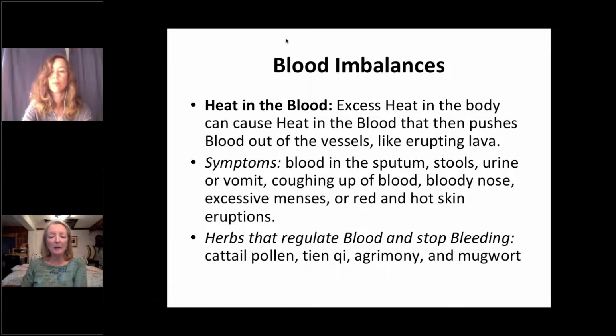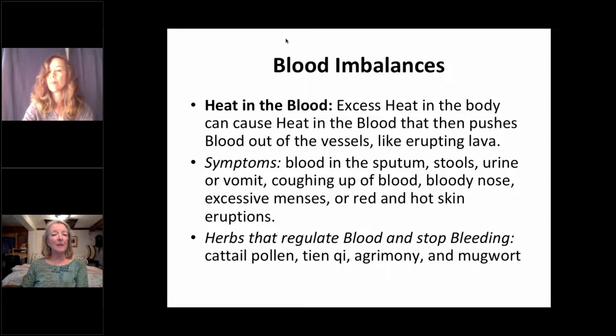So you can have hemorrhage, you can have nosebleeds, all of a sudden excessive menstrual bleeding that won't stop, or any kind of bleeding that doesn't stop, potentially could be from excess heat in the blood. So you can have blood anywhere, sputum, stools, urine or vomit, coughing it up, nose, menses, like I said, or the skin eruptions can appear this way.